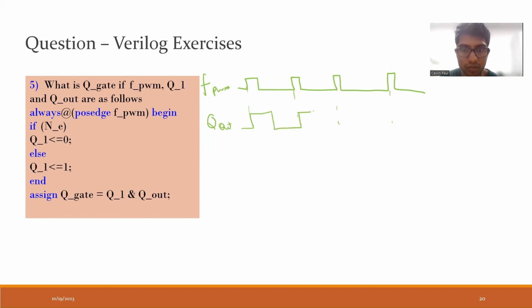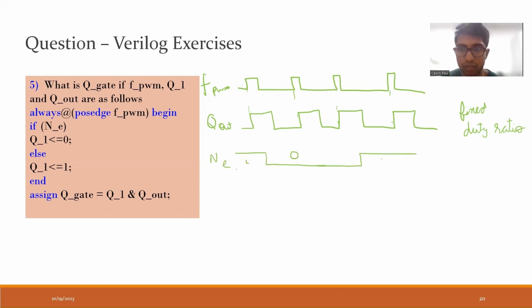Q out is like a fixed duty ratio. Then I have NE, which is a number. If NE is a single-bit number, it can have either value 0 or 1. Assume it is 1, then it becomes 0, then 1 and remains like this. This is my NE.